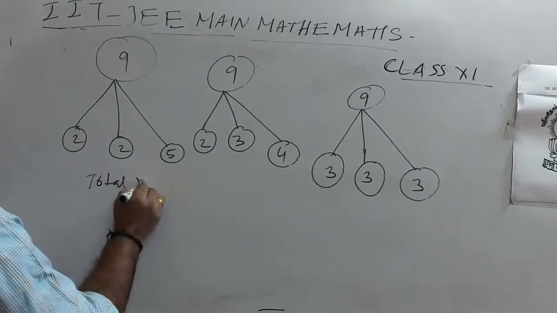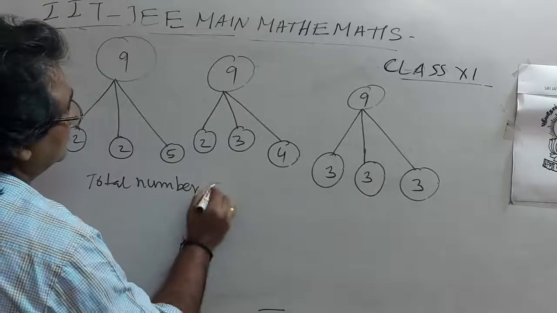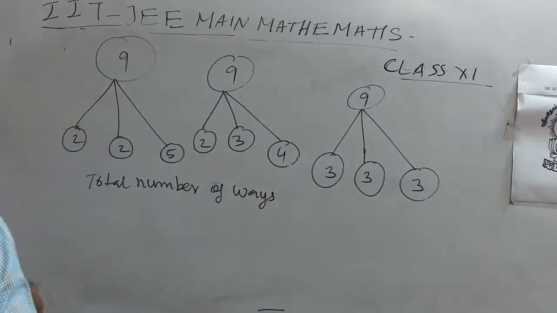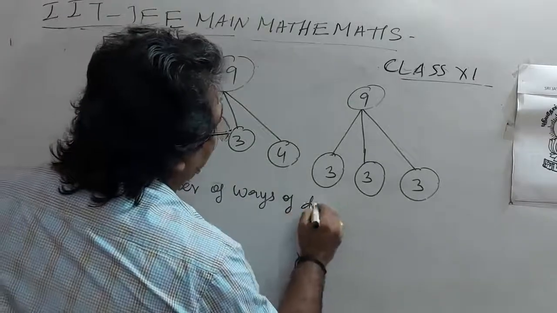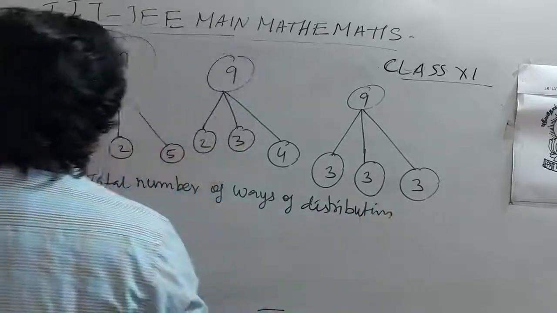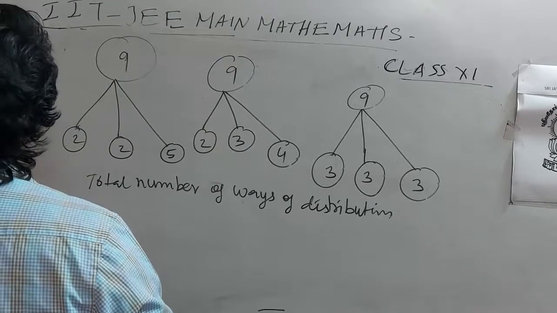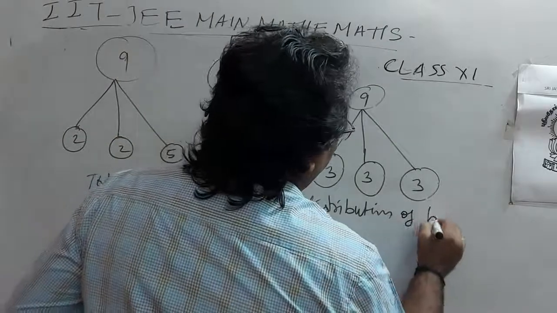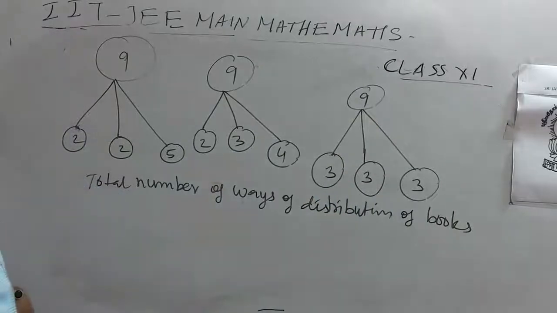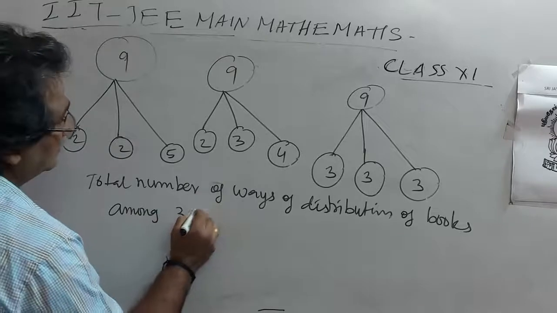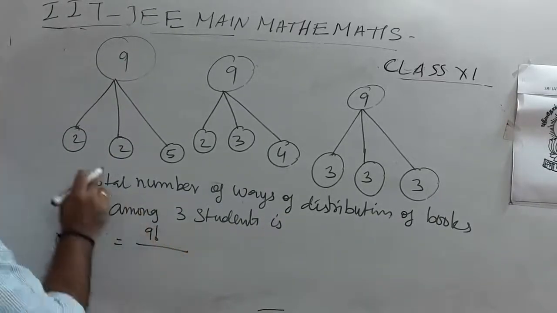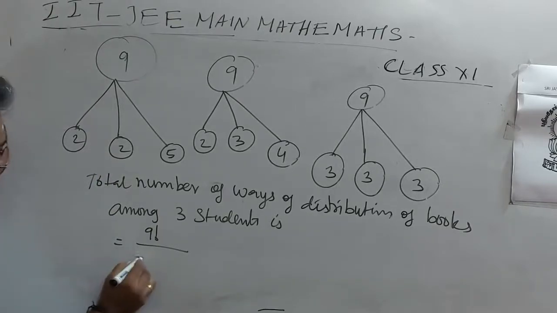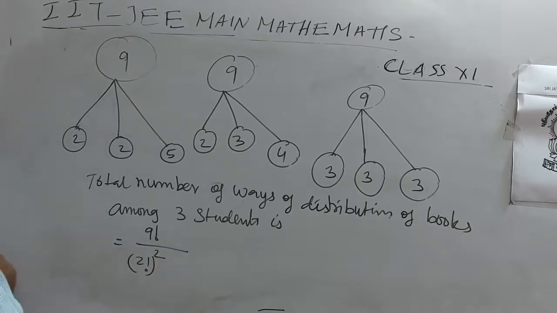So total number of ways of distribution of books among 3 students is equal to: here numerator 9 factorial, here 2 equal groups, so (2 factorial) whole squared.